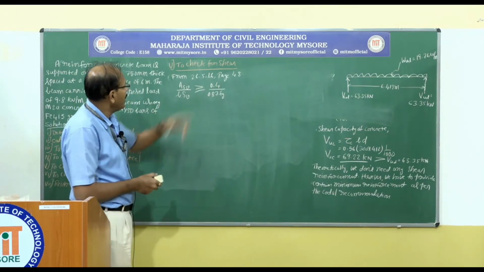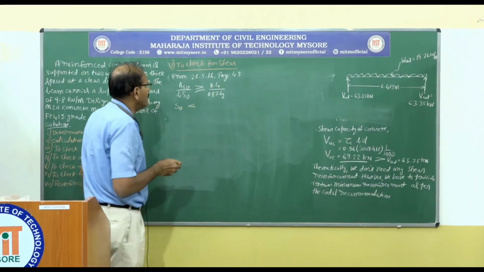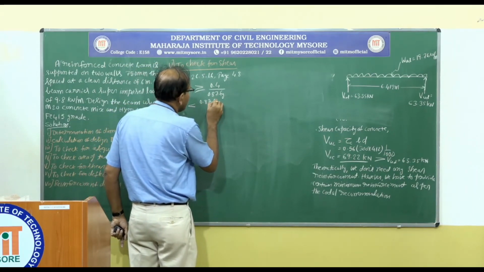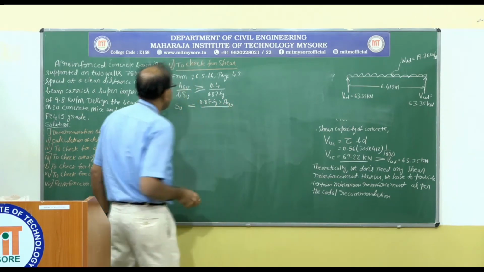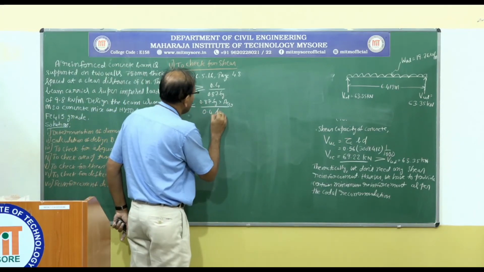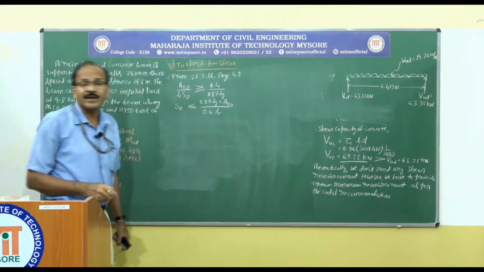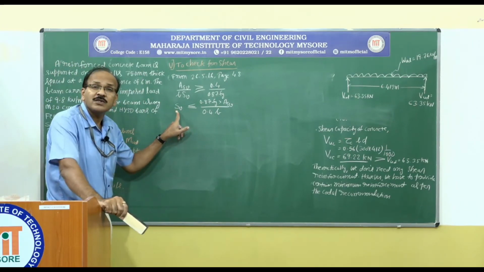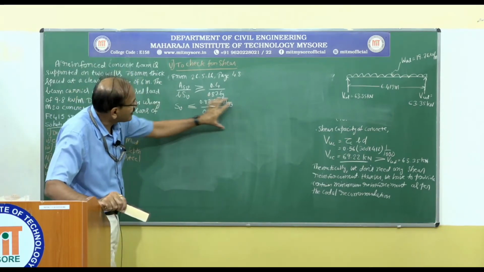This can be further simplified, and I can write this in the form SV less than or equal to 0.87 Fy into ASV divided by 0.4 B. That means when we provide the reinforcement, the spacing should be less than or at most equal to this value.